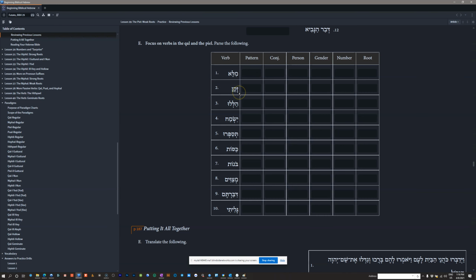Here we've got, this is going to be PL as well because, I'm sorry, Zaken is a stative. I saw the sere here. If this were PL, it would either be Hirik in R1 or Patach in R1 because Kof can take the Dagesh, and so it would have one if it were PL. This is going to be Cal stative.